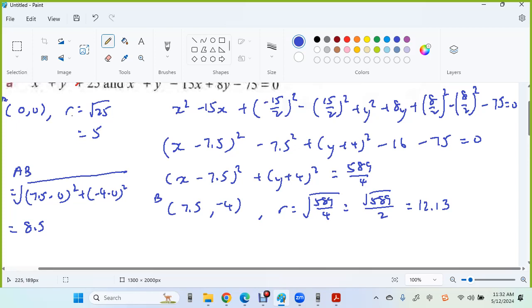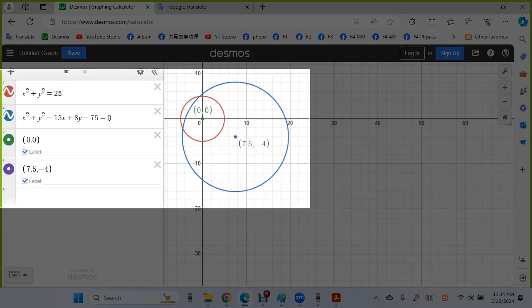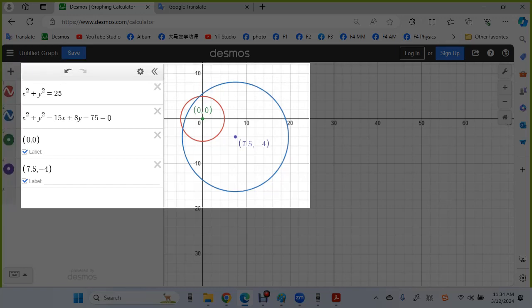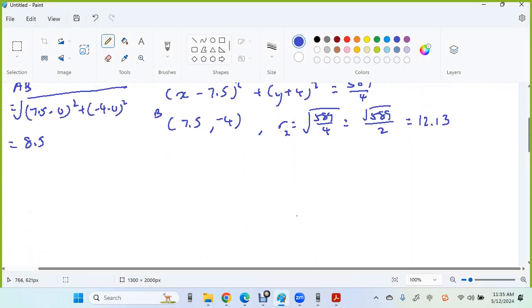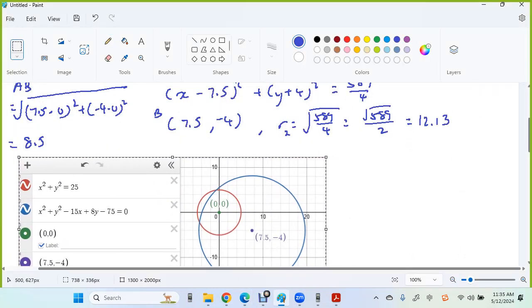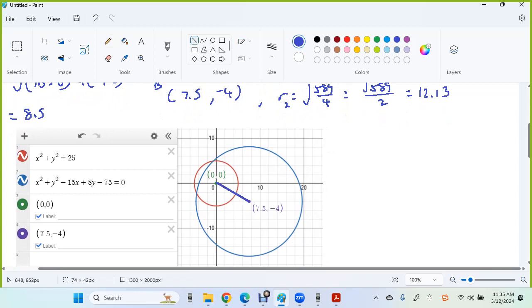So we have R1, R2, 13 point something. Okay, so we use decimals to sketch, to draw this graph. So in the exam we can sketch the graph. From here we know that this is the distance of AB. AB is here.